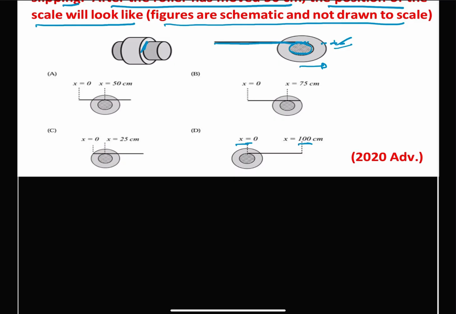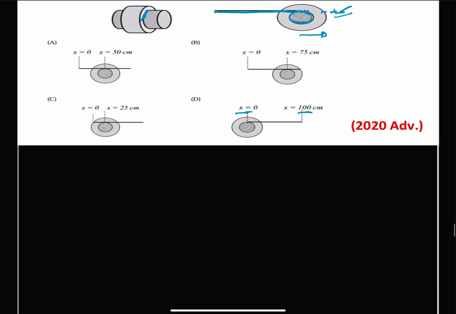So let us consider first of all the roller on the floor, and that entire motion is rolling without slipping.